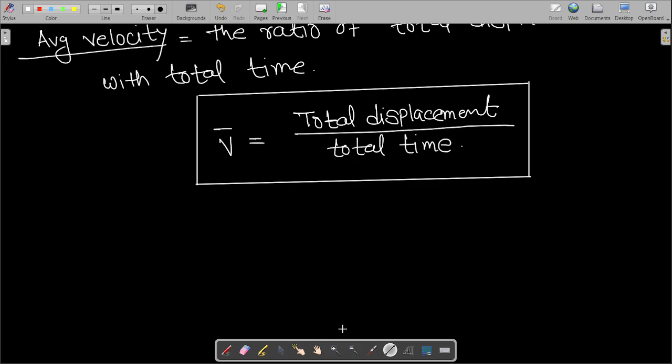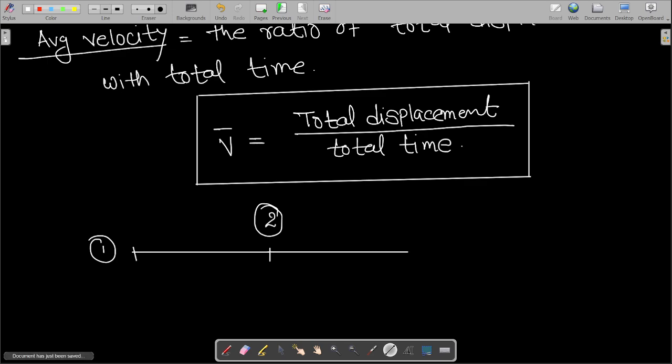For example, suppose this is the path of an object. First the object goes from this point to this point, and after that the object goes from this to this.